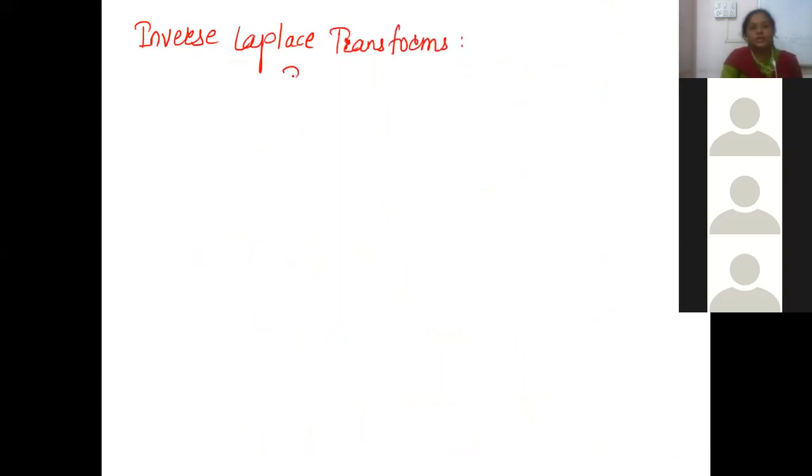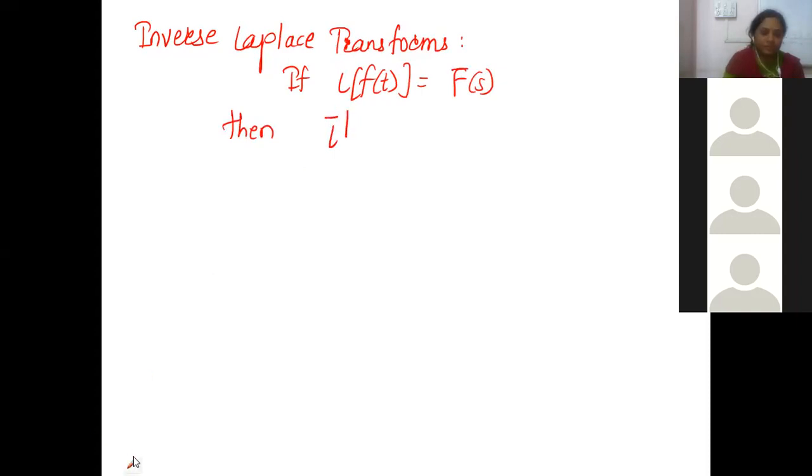Okay, so we know the Laplace transform of f of t is F of s. Then the Laplace inverse notation is L inverse. So L inverse of F of s is f of t.